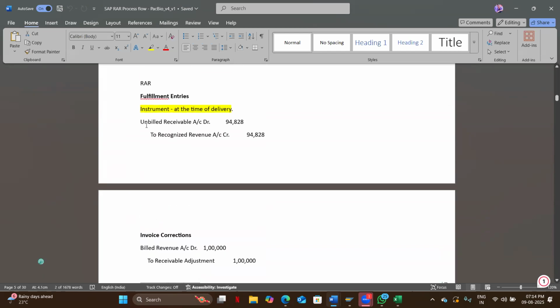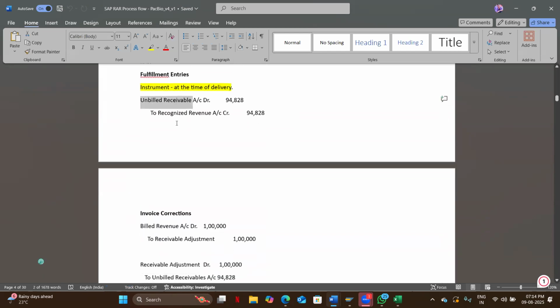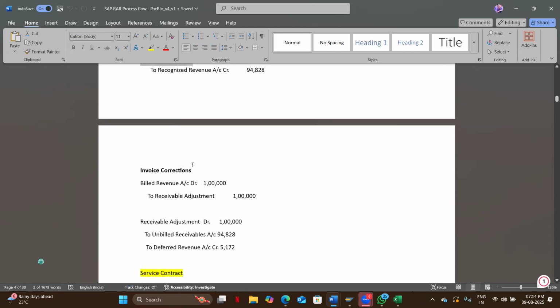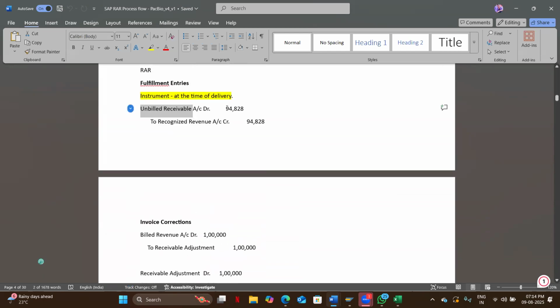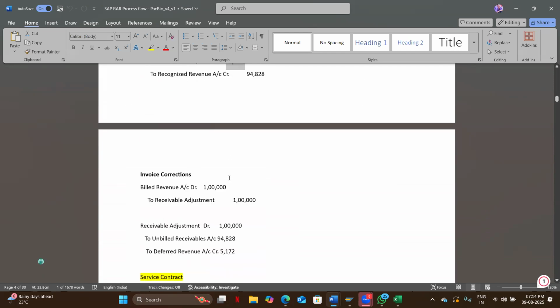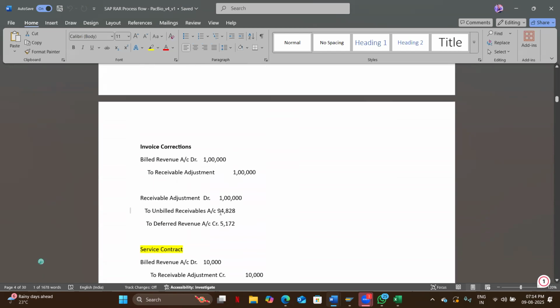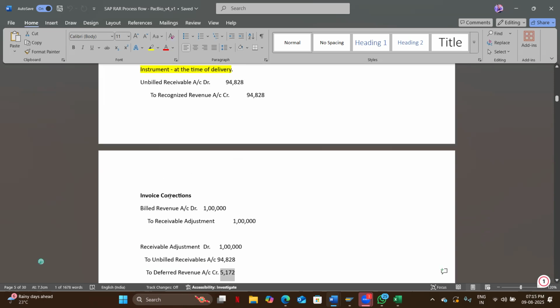They already billed from the unbilled account, so again they need to give the unbilled account the same amount they had taken, 94,828. And the remaining amount is adjusted to the default revenue account. That is what happens for the instrument. Is it clear, Akash bhai and Saraswati?